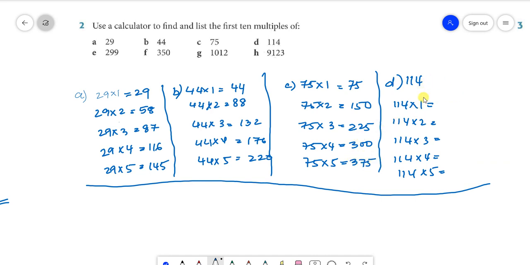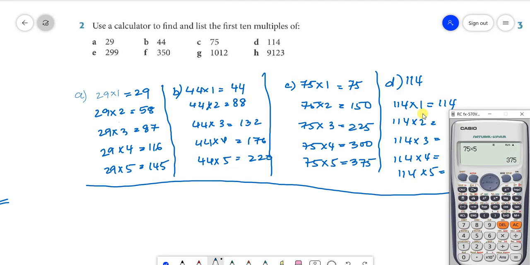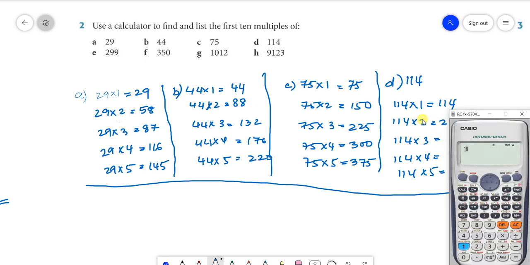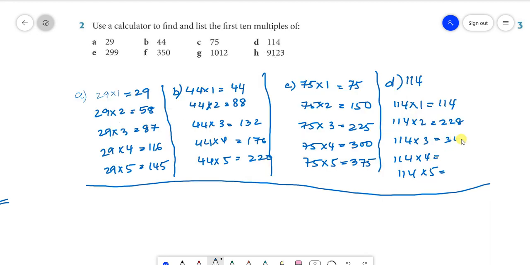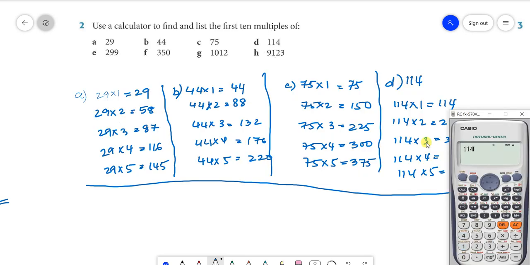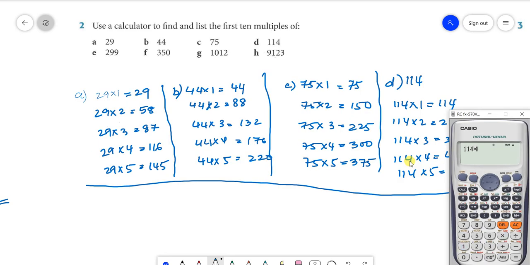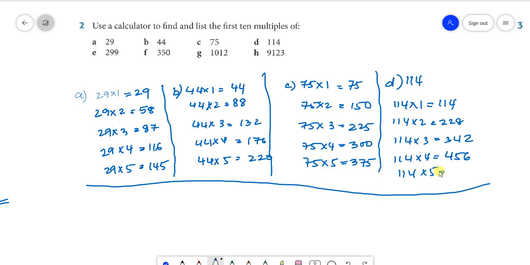Okay, 114, 114 times 2 is 228. 114 times 3 is 342. 114 times 4 is 456. 114 times 5 is 570.